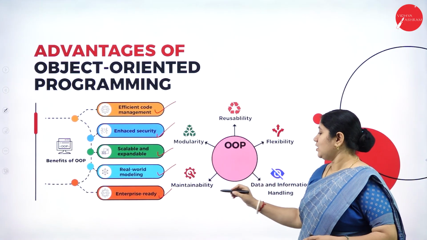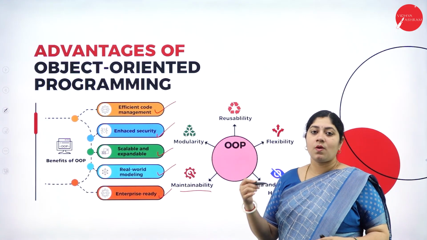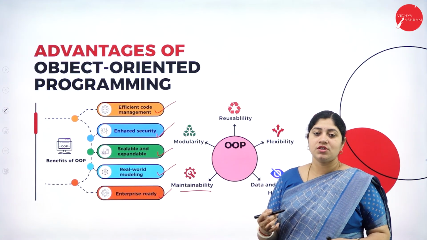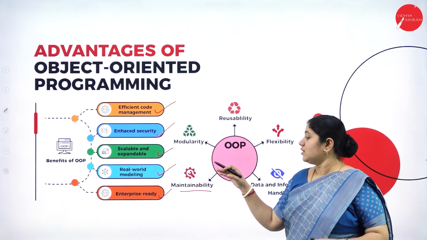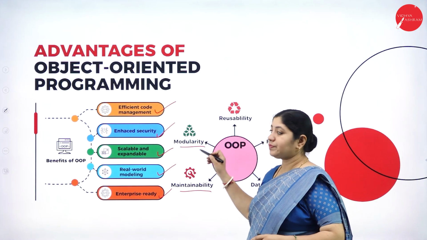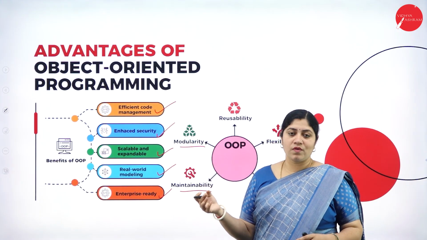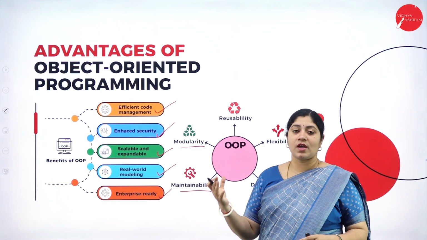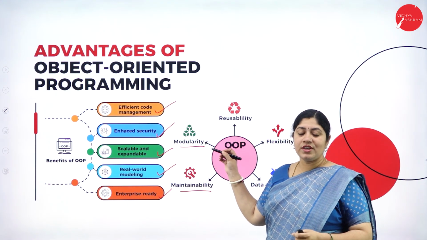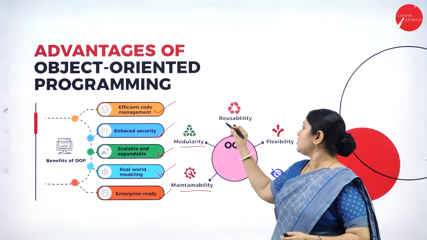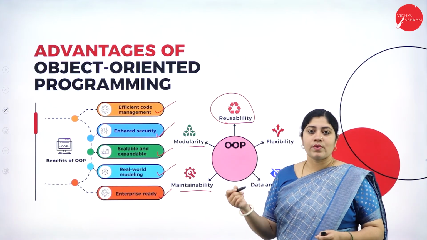The first one is maintainability. By doing code reusability or by using abstraction, we can consider the code can be maintained. Similarly, modularity. Modularity is provided by polymorphism as well as inheritance, where the information can take multiple forms. Reusability. This reusability is a crucial thing which helps the programmers.